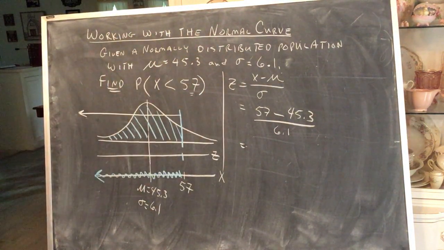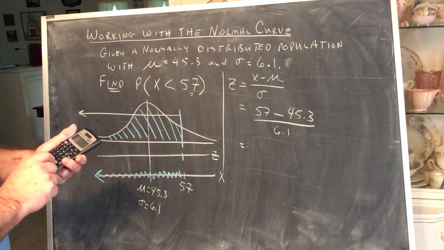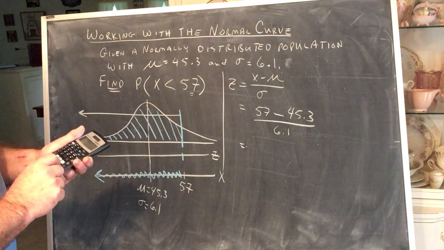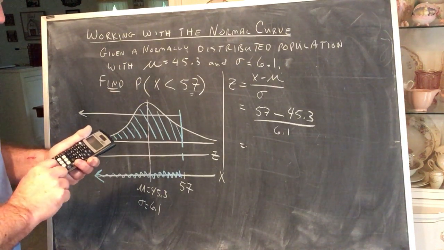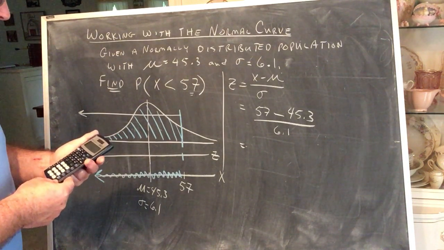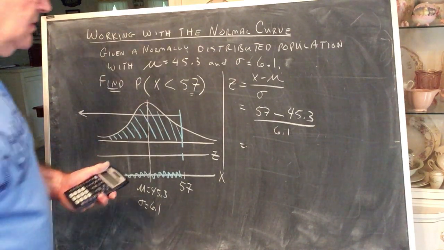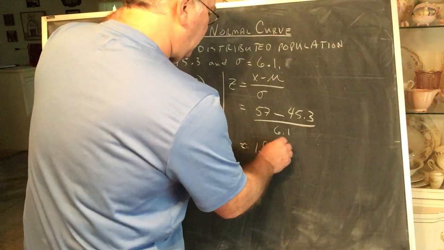and compute. Well, that's not particularly challenging. It's to take your calculator. 57 minus 45.3 equals, I have 11.7, divide that by 6.1, and my value is 1.9180. So we have approximately 1.9180.